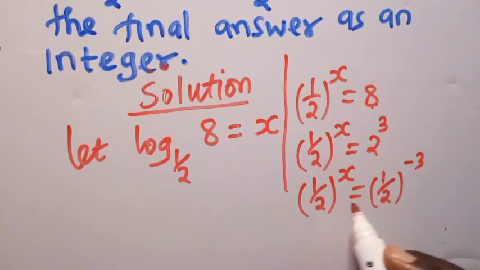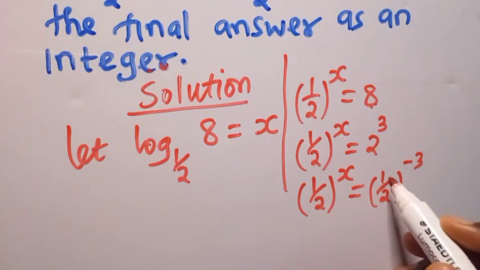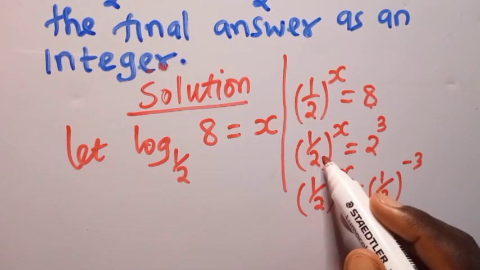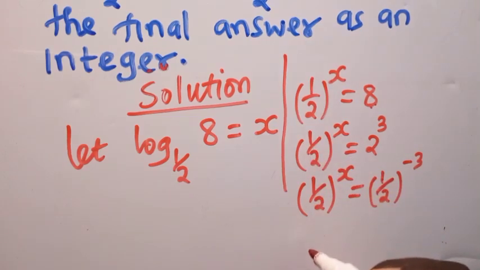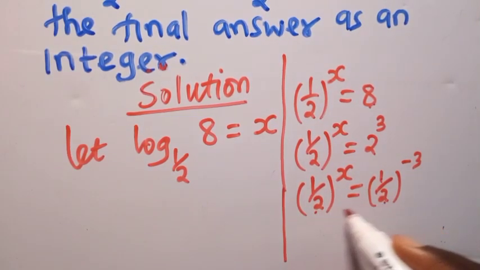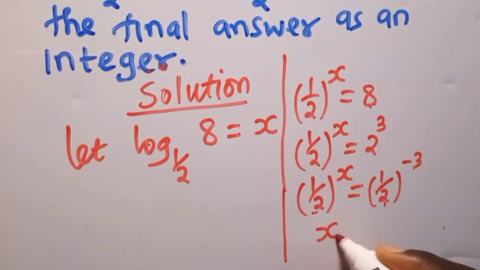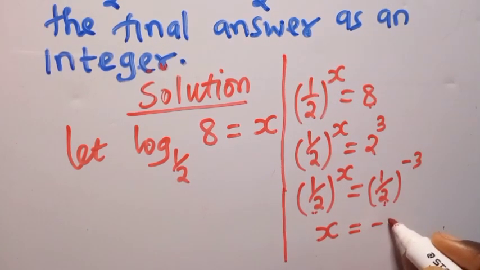I have not changed anything. I have only ensured that on this side we have a half and also on this side we have a half. Since the bases are the same, we can equate the powers, and therefore the value of x is negative 3.